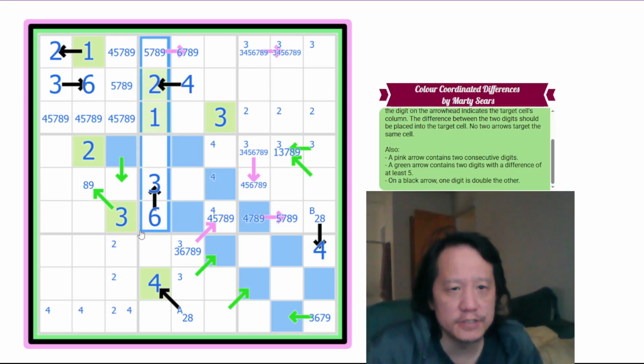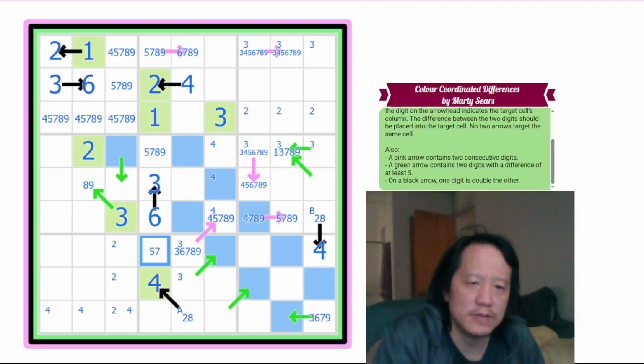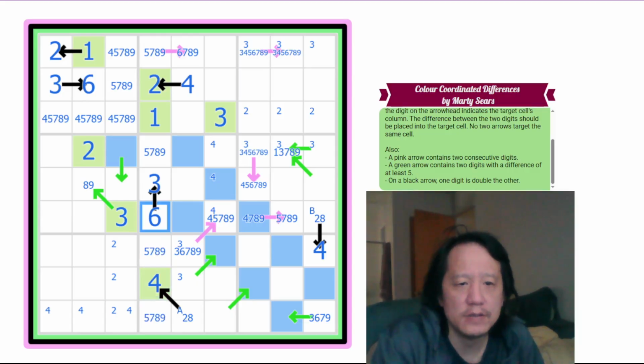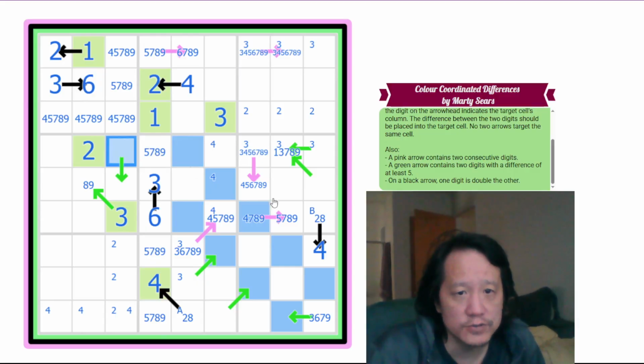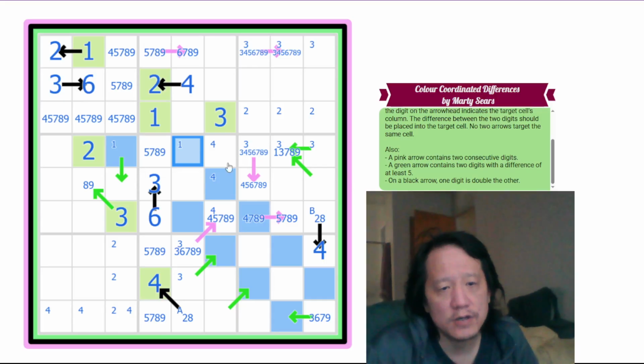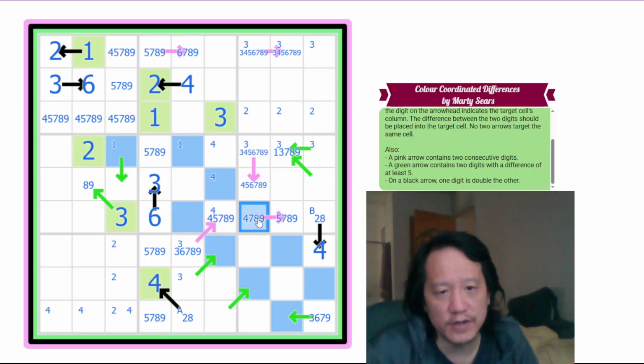That means remaining digits in column 4 are 5, 7, 8, 9. 1 has to be one of these 2. Oh, in row 4, 1 has to be one of... It cannot be here. So this is ruled out.